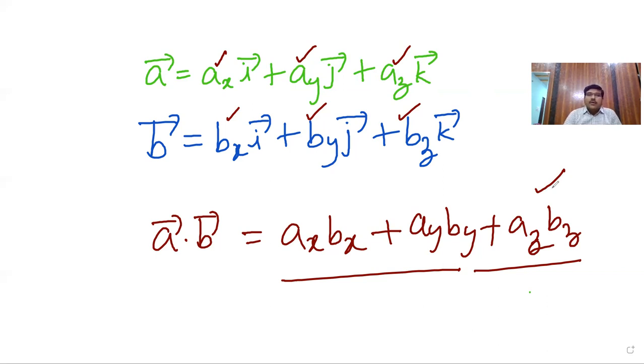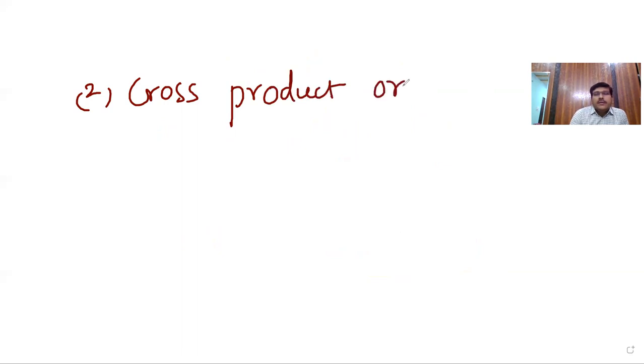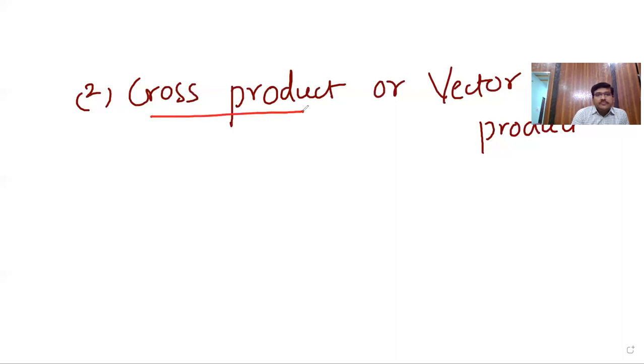Clear? Now, let us see the cross product, or vector product. We call it a vector product.